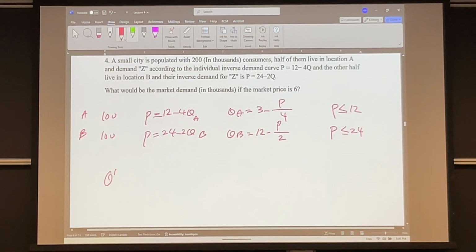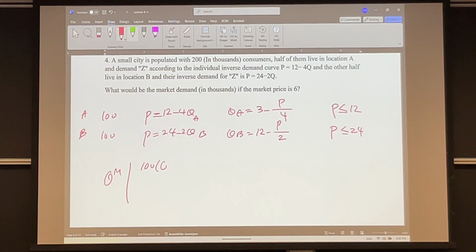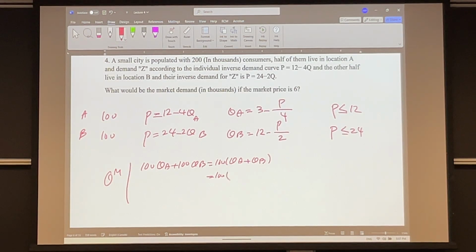The market demand is 100 QA plus 100 QB, which is 100, sum them up.